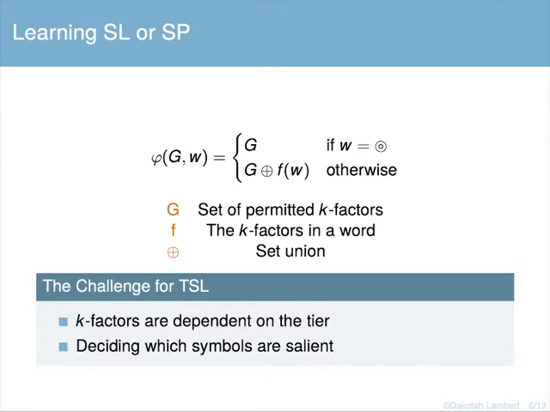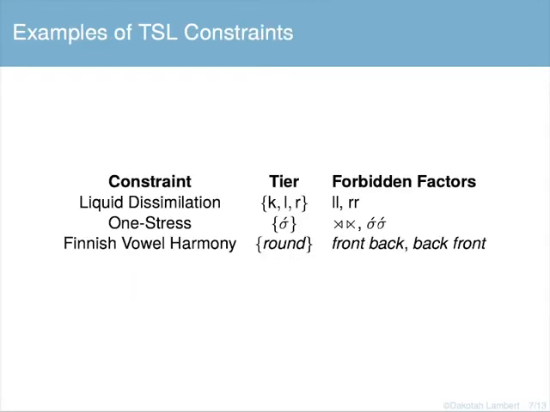The challenge for learning tier-based strictly local constraints is that what the k-factors are depends on what the tier of salient symbols is. So deciding which symbols are salient is important. Some examples of tier-based strictly local constraints and their tiers are on this slide.